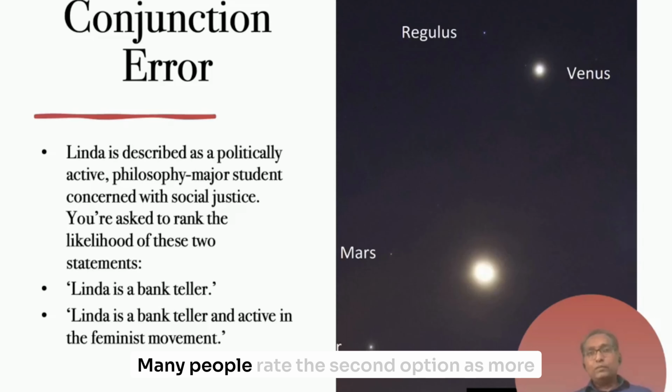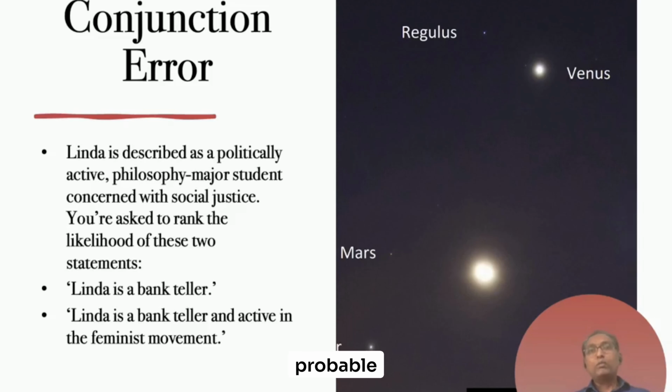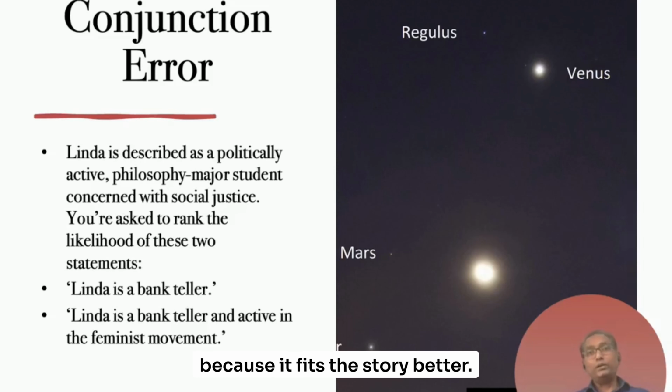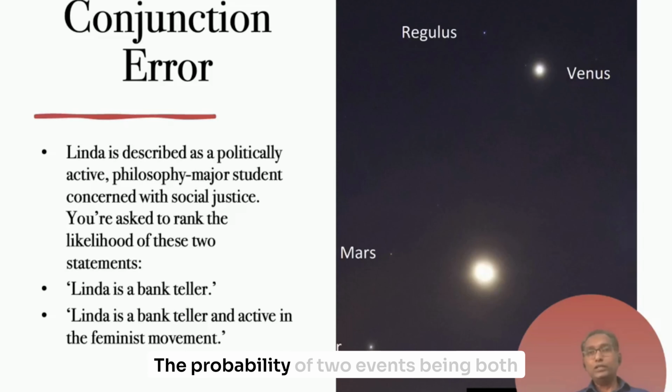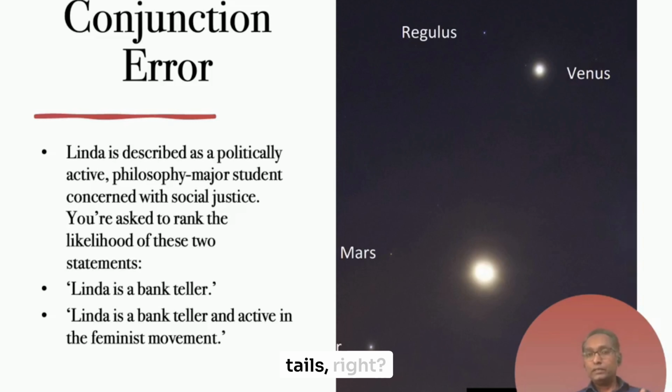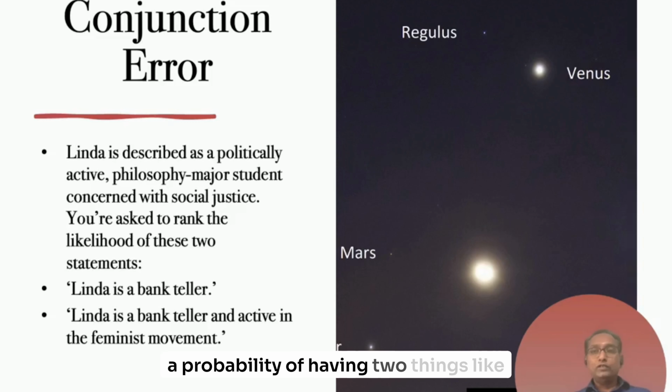Okay. Many people rate the second option as more probable because it fits the story better. But that's impossible, right? The probability of two events being both true, like the probability of getting both heads and tails, or the probability of having two things, a conjunction, should be less than the probability of the individual events or outcomes.